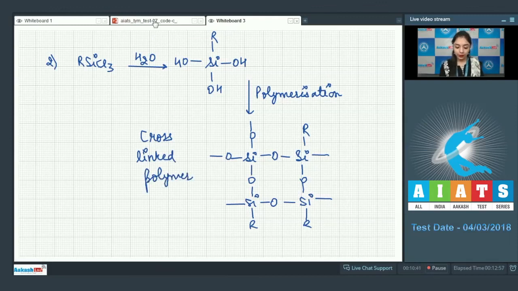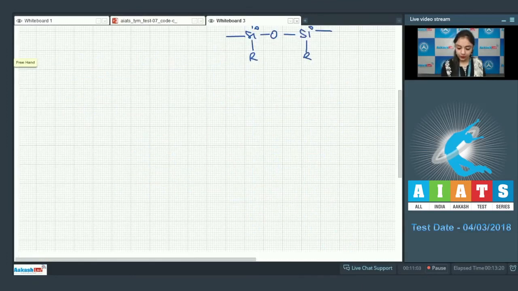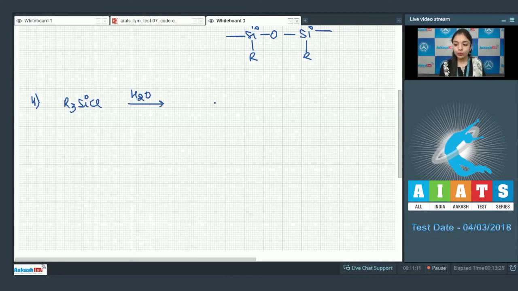Fine. And now in the third case, we have R4Si. So here no Cl is present, which can be replaced by OH. So this cannot form a polymer. Now we have R3SiCl. So in the fourth one we have R3SiCl, which on hydrolysis, Cl will be replaced by OH.